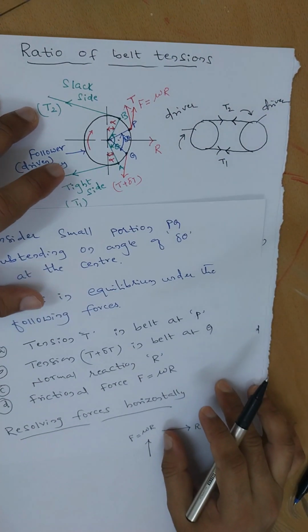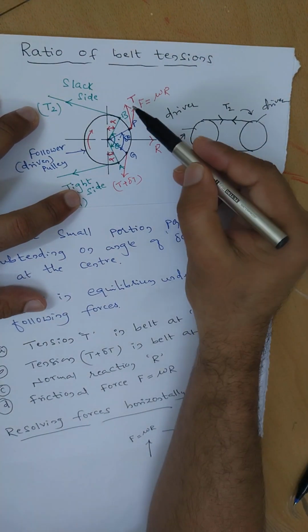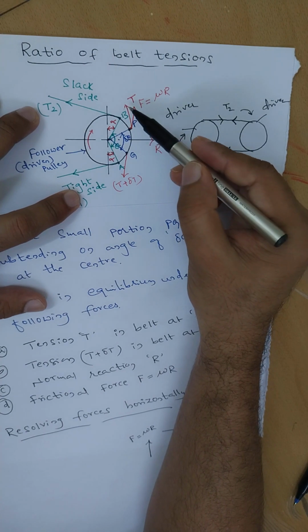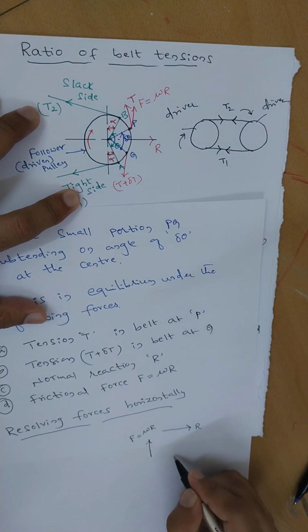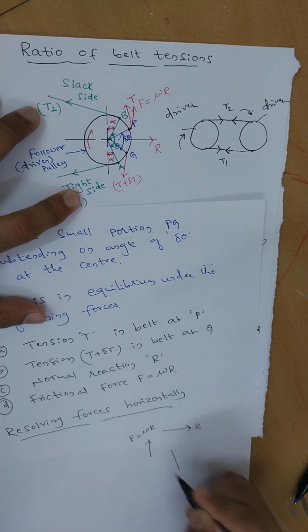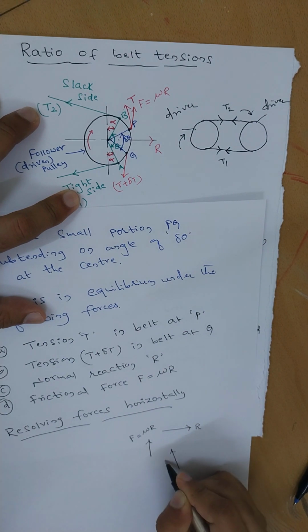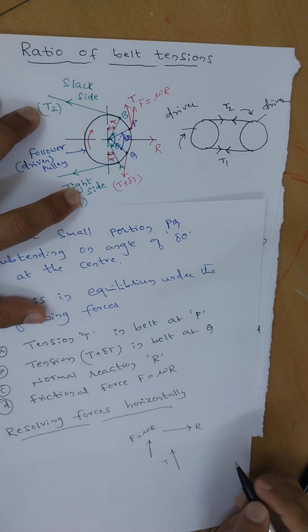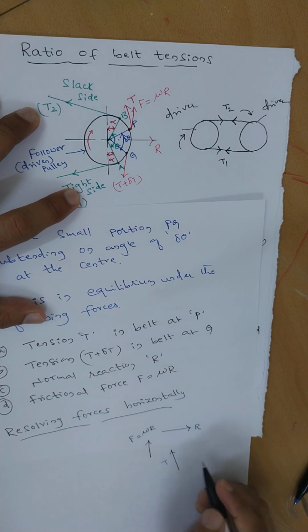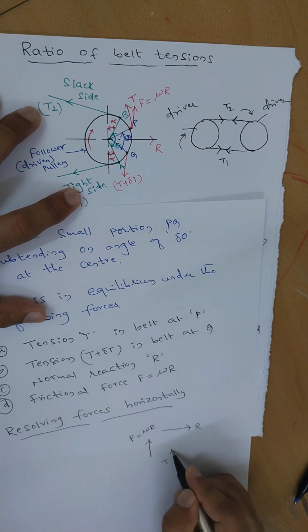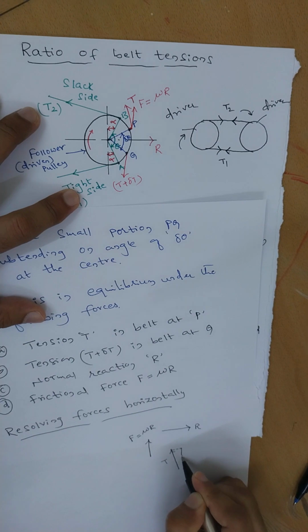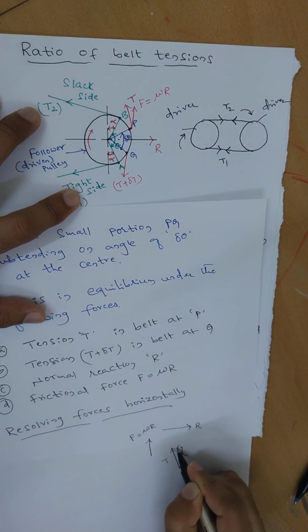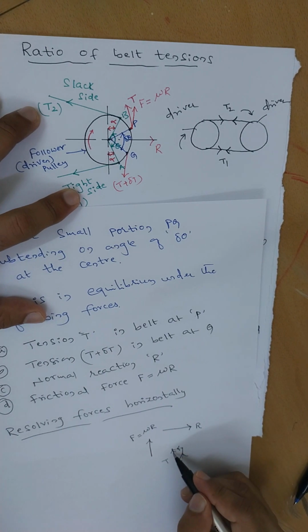Now come to T at the point P. How is the direction? This is T. Now resolve this into horizontal and vertical components. One arrow goes like this, one arrow goes like this, because it goes in this direction.